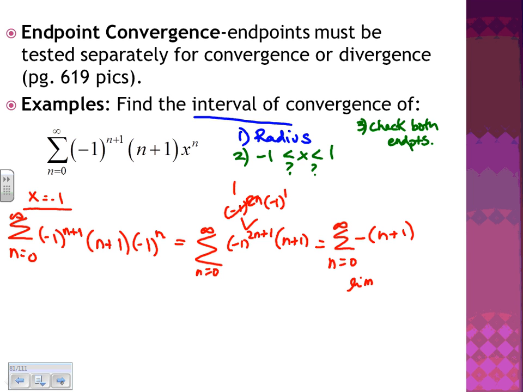The limit as n goes to infinity of negative n minus 1 equals what? Negative infinity, which does not equal 0. So this diverges by the nth term test. Do you have to state the test? Yes.